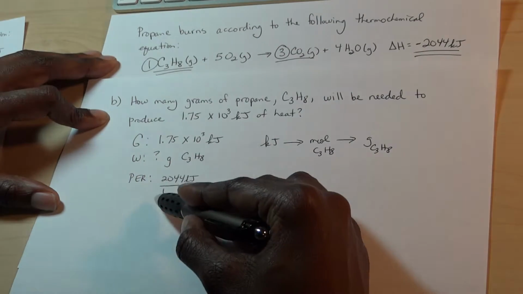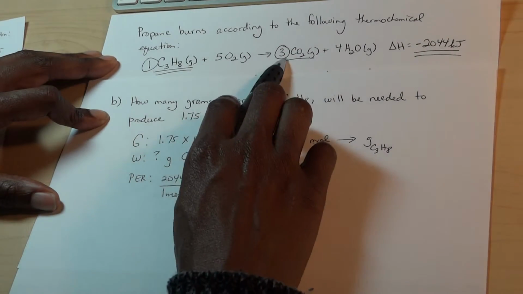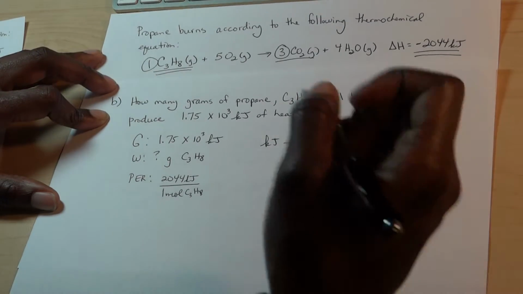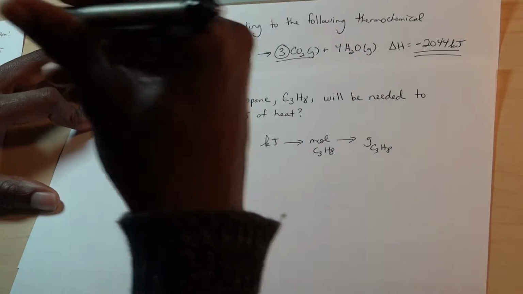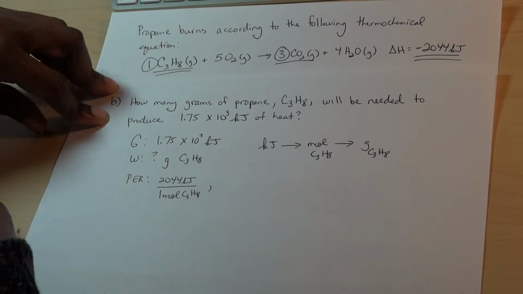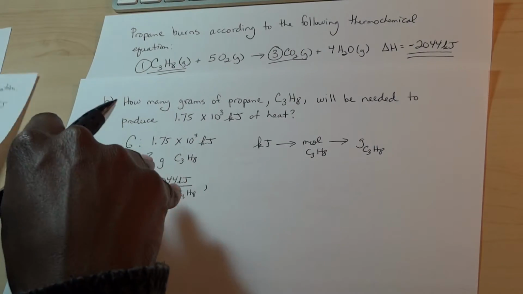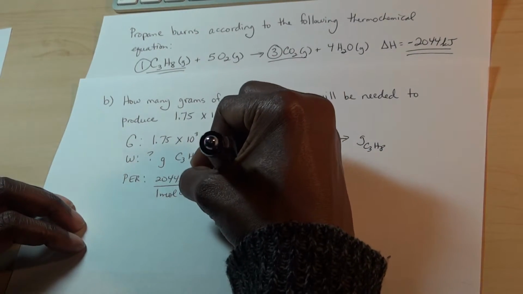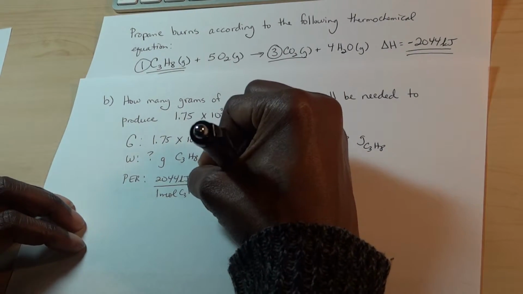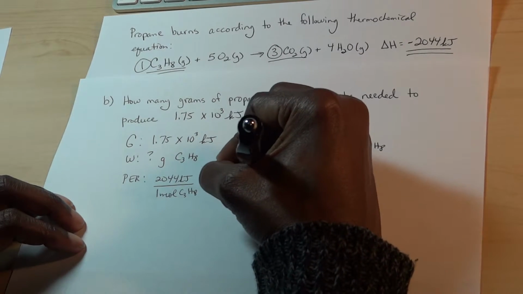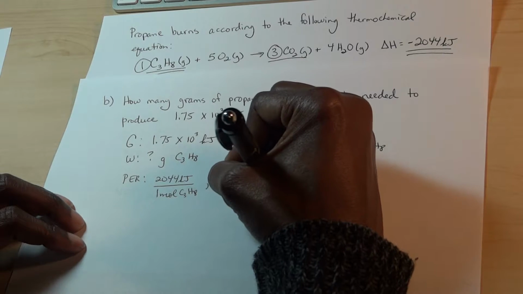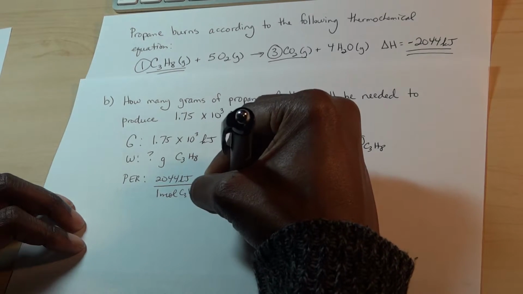This time it was a 1, last time it was a 3, because it all depends on the coefficient for the substance you're looking at. And then the molar mass of propane, 44.10. Pretty close to carbon dioxide there. 44.10 grams of propane per mole of propane.